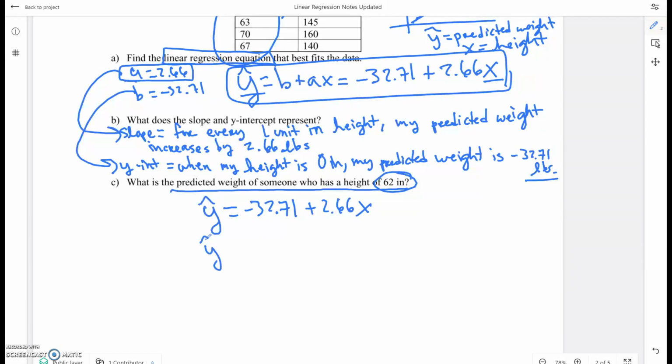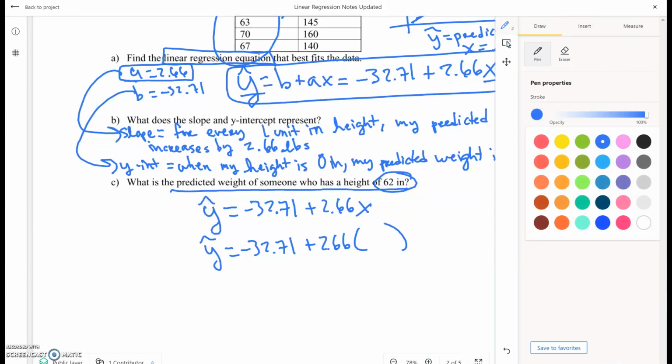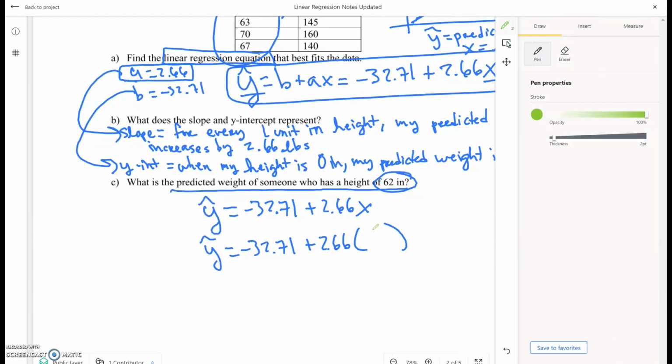So y hat is going to be equal to negative 32.71 plus 2.66, and I plug in that value of x, which is 62. So what is this going to give me? I put in my calculator negative 32.71 plus 2.66 times 62, and this gives me 132.21 pounds. So someone who is about 62 inches will weigh about this.